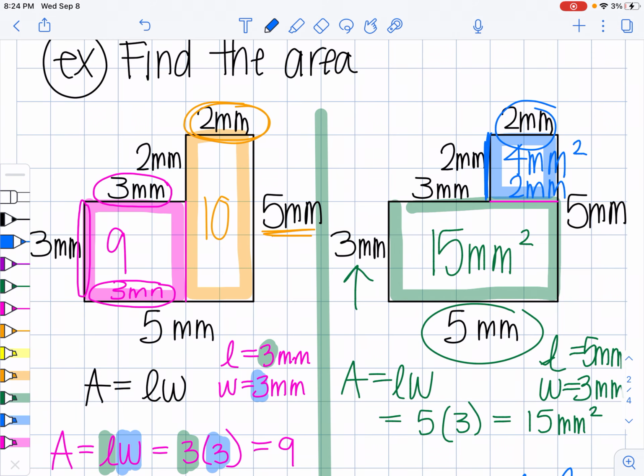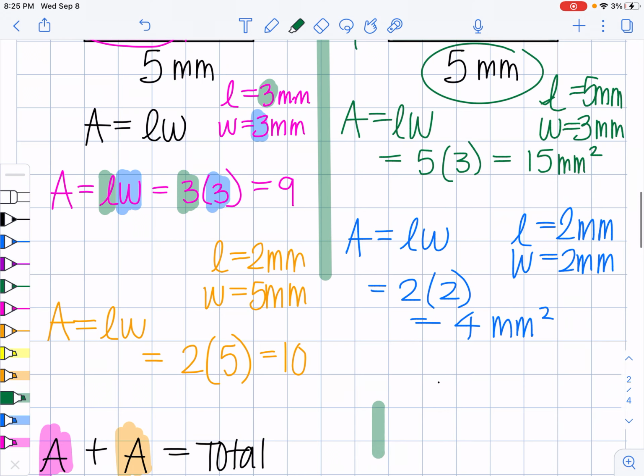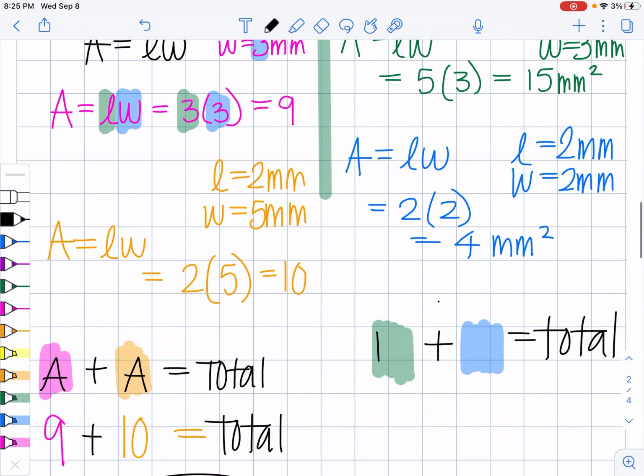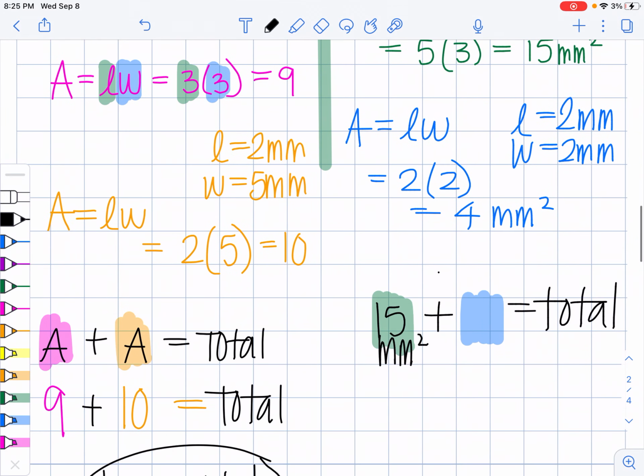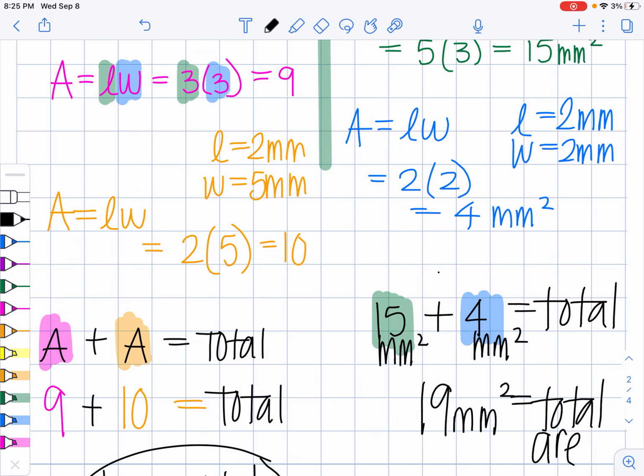Now again, my total area is equal to my green plus my blue. We said that my green was 15 millimeters squared, and my blue is 4 millimeters squared. I add them together. 15 plus 4 is 19 millimeters squared is my total area.